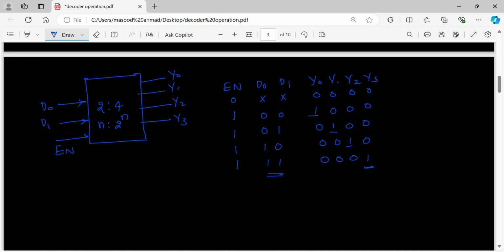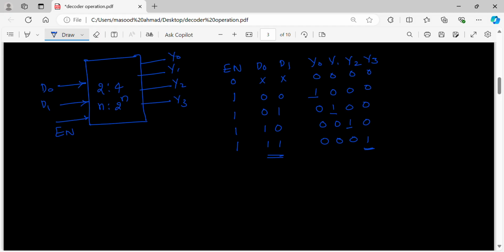So how can I see the expressions here? What is the expression for outputs? Say, let's say I have Y0. How can I write the Y0? Y0 is 1 when enable is 1, D0 bar, D1 bar. What is Y1? Y1 is 1 when enable is 1, D0 bar, D1 minterm.